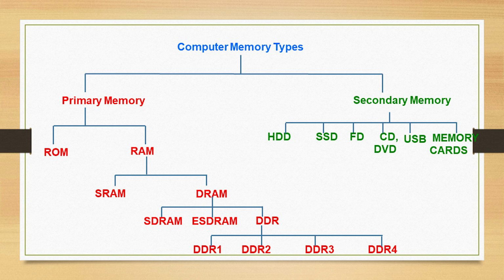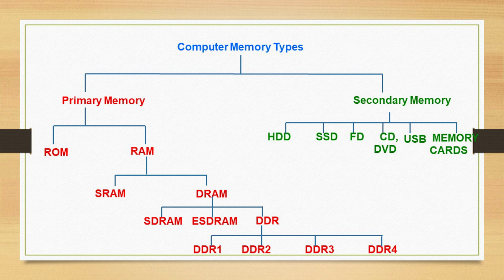DRAM can be further classified as SDRAM, ESDRAM, and DDR. DDR can be further classified as DDR1, DDR2, DDR3, and DDR4, whereas the secondary memory is classified as hard disk, SSD, floppy disk, CD, DVD, USB flash drives, and memory cards. I will discuss all about these different types of memories in this lecture.